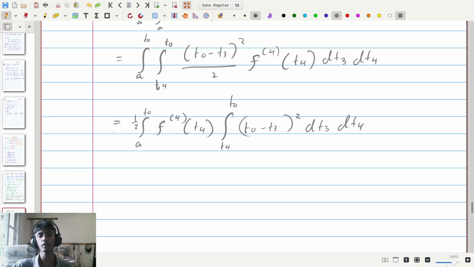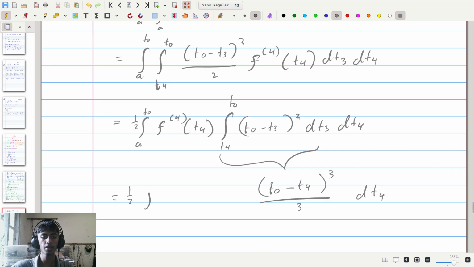Then this integral, as we found earlier from the pattern, is going to be (t0 minus t4) cubed divided by 3. So then we can substitute that into here. The whole thing is to be integrated dt4. We have half, equal to the integral from a to t0 of f's fourth derivative evaluated at t4 multiplied by this expression here, dt4.